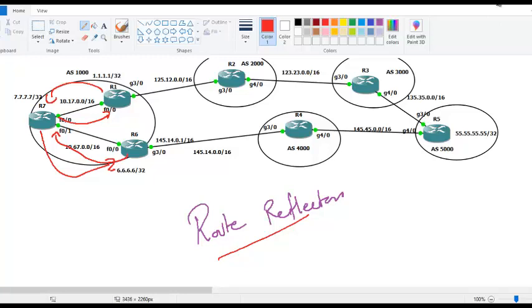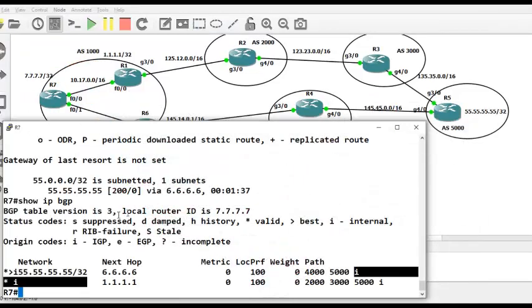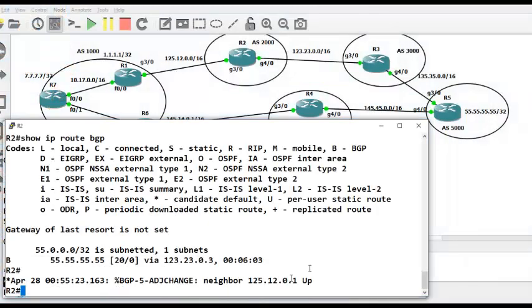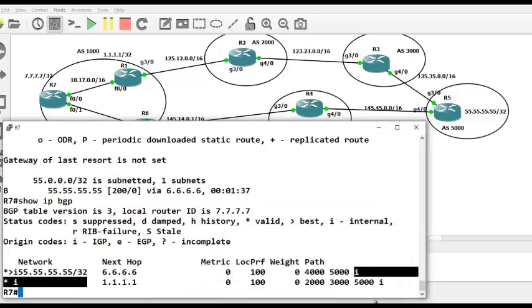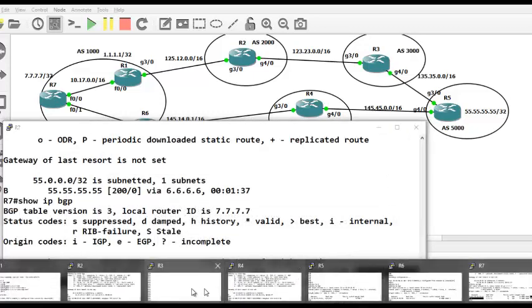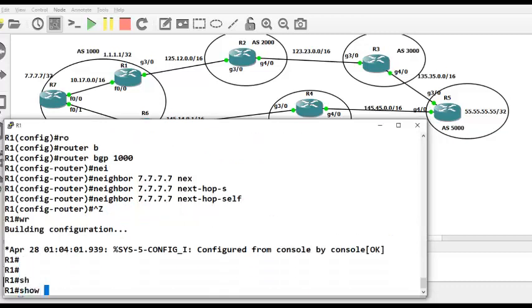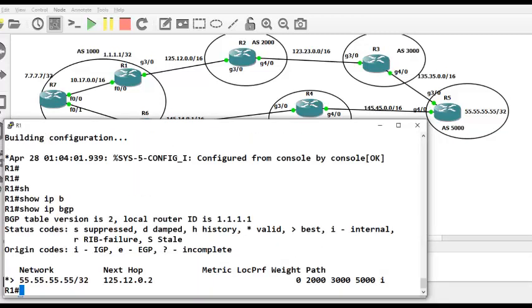I am in R7. Currently, if you go to R1 and R6 and type show IP BGP, you don't see a route via R6. You are seeing only one route via R2.